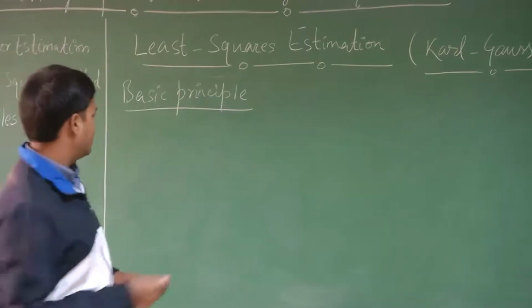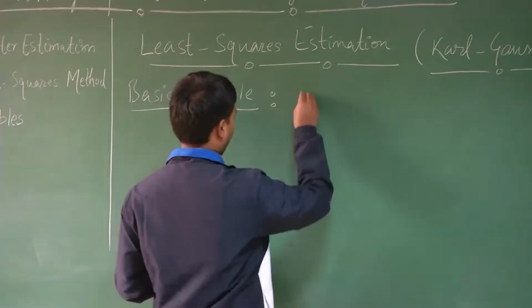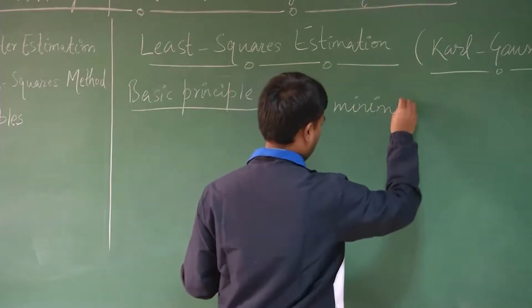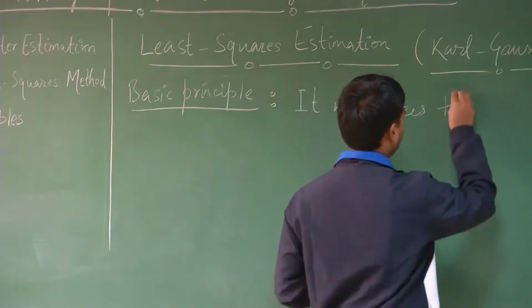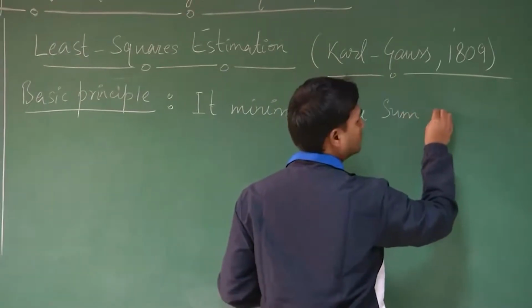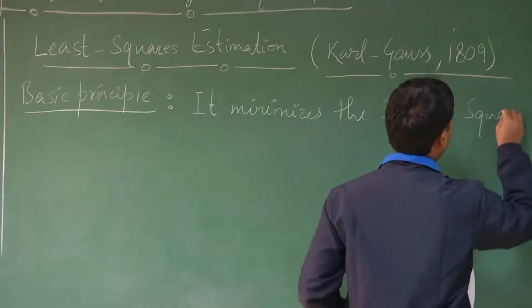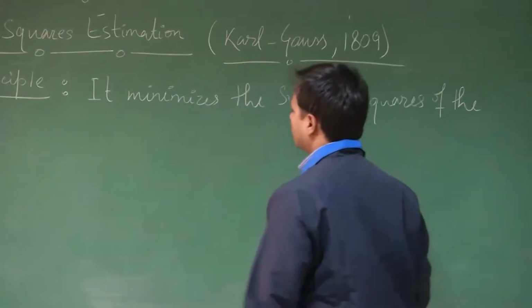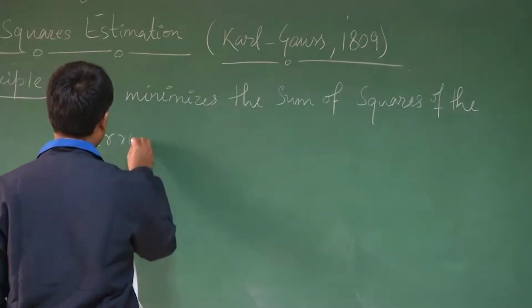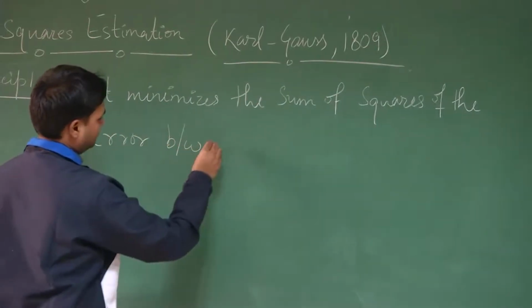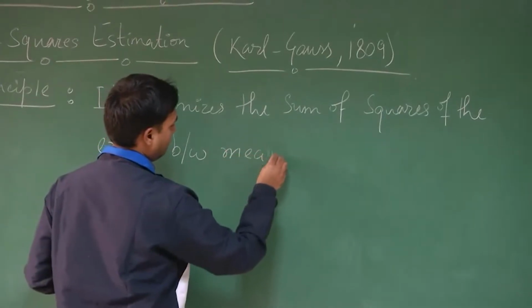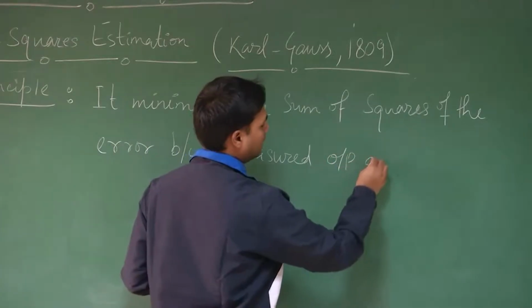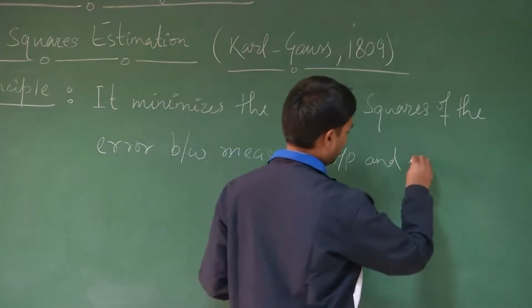So least square estimation says it minimizes the sum of squares of the error between measured output and model response.